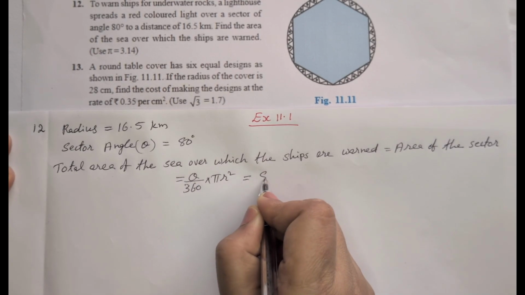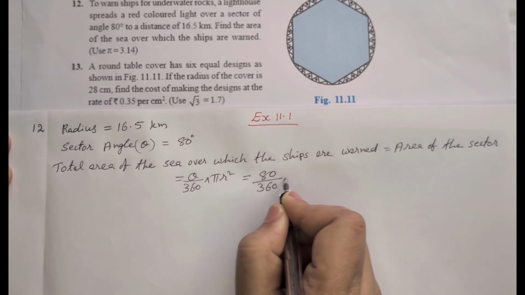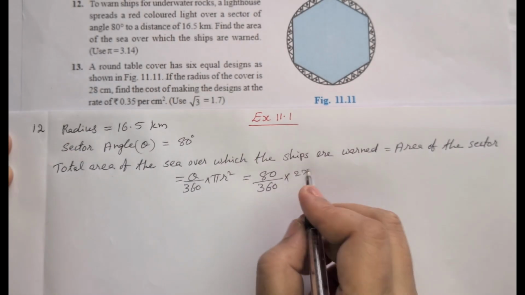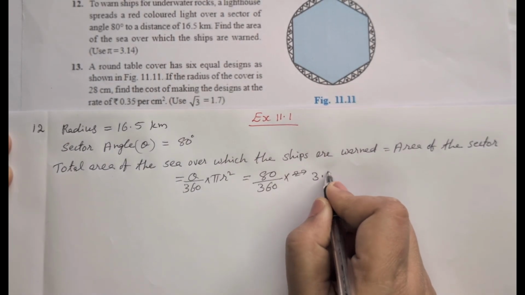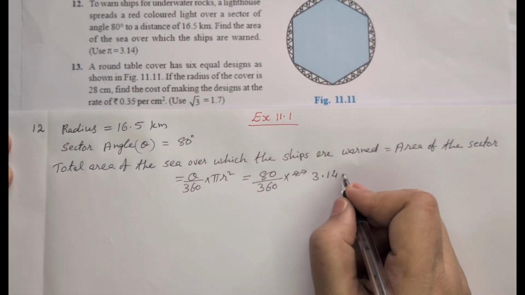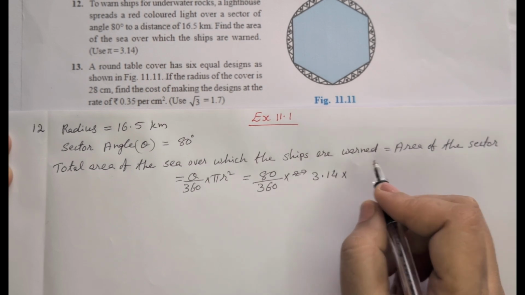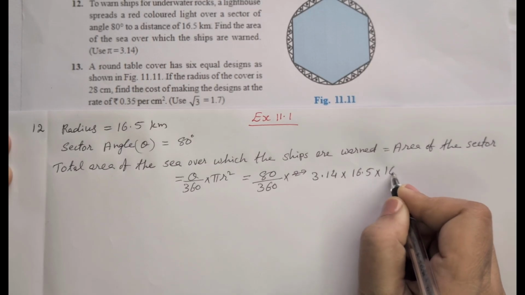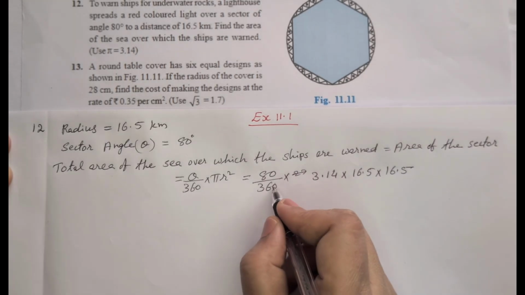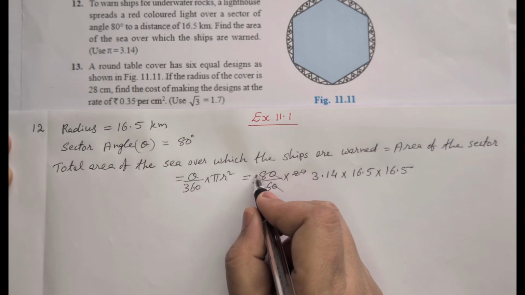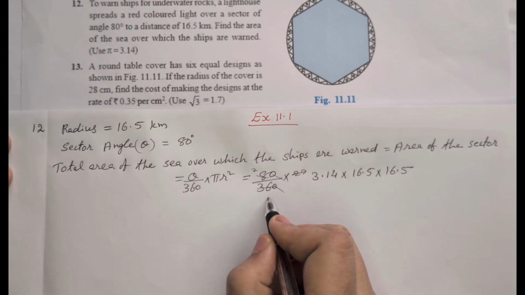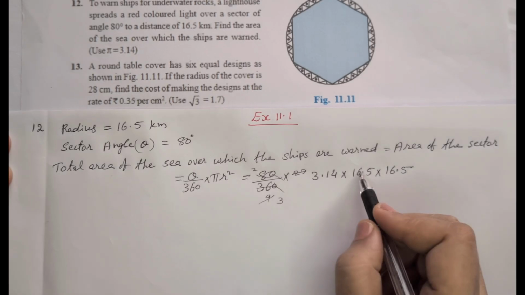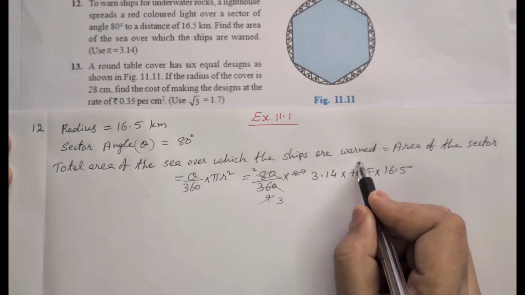Here theta is 80 by 360 into pi. Here pi is given as 3.14, so we have to take that one. 3.14 into r square, radius is 16.5. We are simplifying here by 4, 2 times, here 9 times. Then we can divide by 3, 3 times, here 5.5.